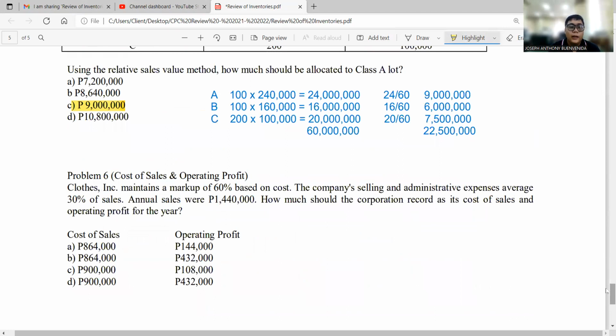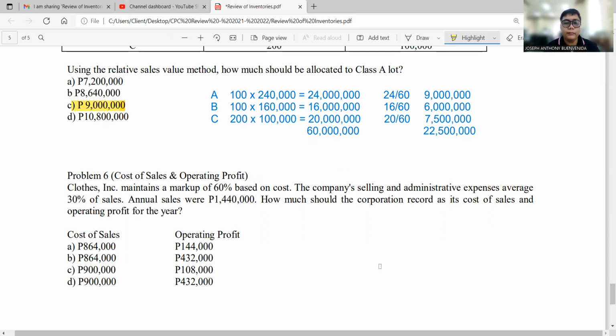Last, okay? Cost of sales and operating profit. So Clothes Incorporated maintains a markup of 60% based on its cost, no? So the company selling and administrative expenses average 30% of the sales. So annual sales were 1,440,000. So how much should the corporation record as its cost of sales and operating profit for the year, no?